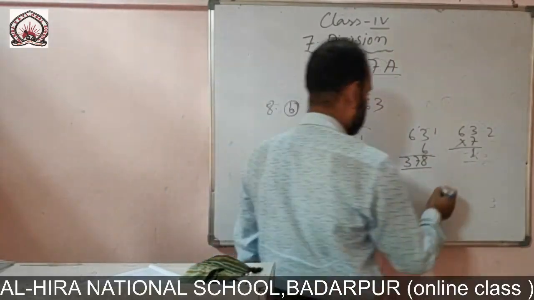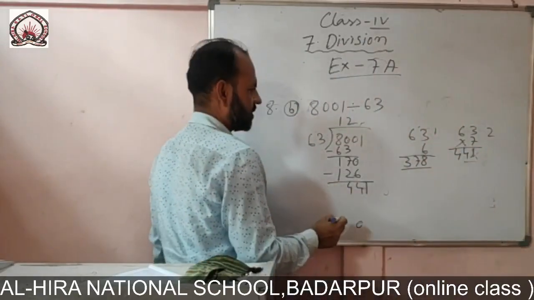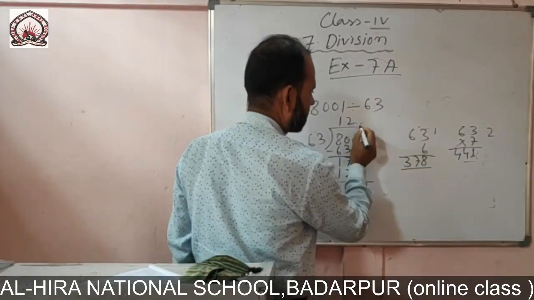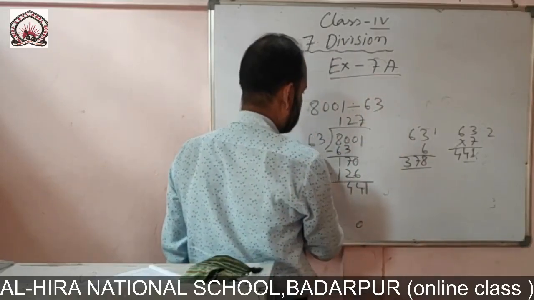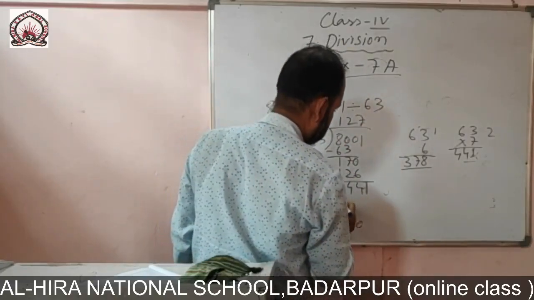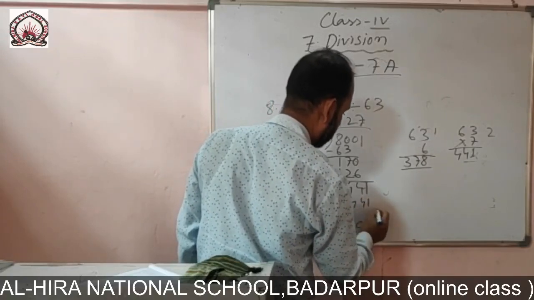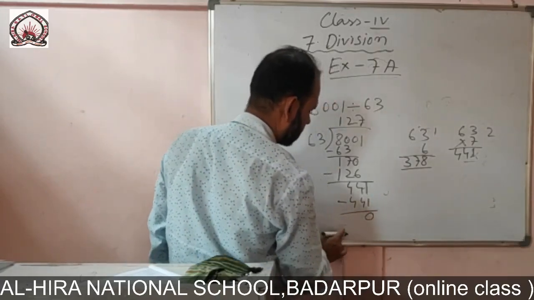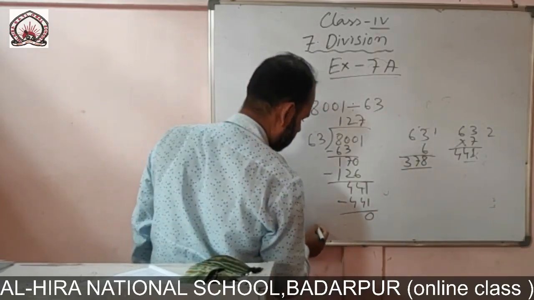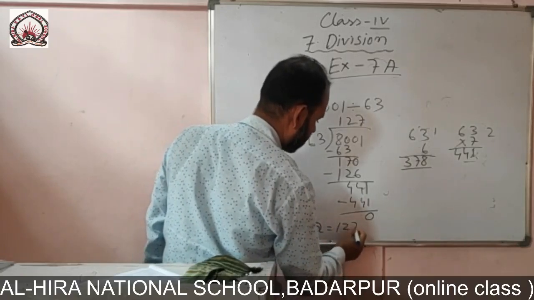Yes, it is 7 times. 63 7 times is equal to 441. Remainder is 0. So Q equal to 127. Remainder R equal to 0.